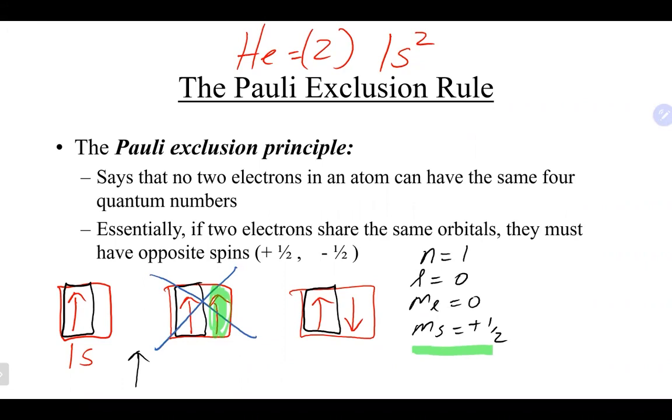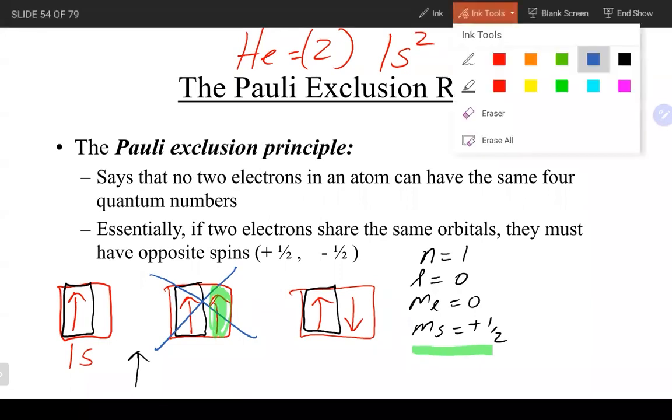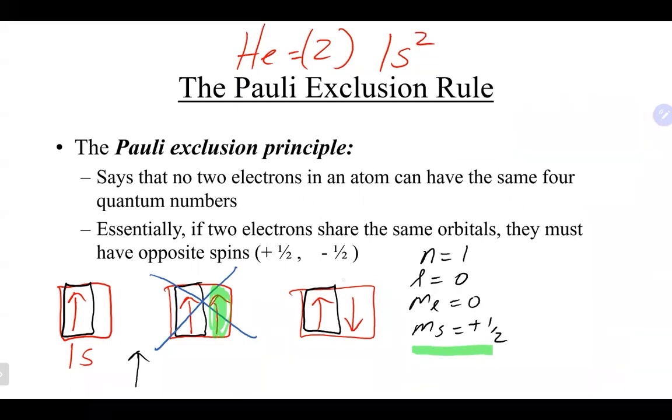So because they would end up with the same 4 quantum numbers, we cannot put our next electron pointing in the same direction. Now, is the one pointing downward really different? Well, its numbers would be n equal to 1, which looks the same. Its l would equal 0, which looks the same. Its m sub l would be 0, which kind of looks the same.